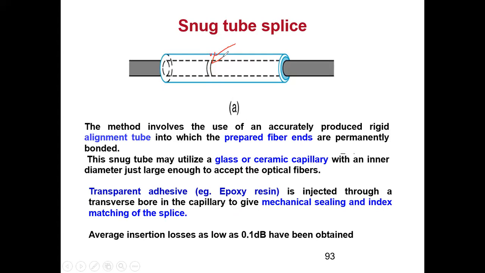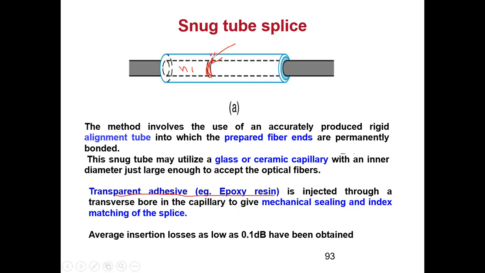an adhesive, and that adhesive is a transparent adhesive which is called epoxy resin. So remember, for fiber the transparent adhesive is epoxy resin. Now why we are selecting epoxy resin is, this epoxy resin will come and fill up the space that is present over here. Now remember, the core has a particular refractive index.